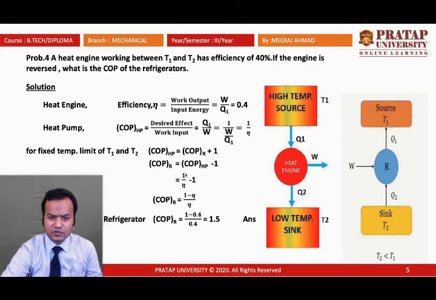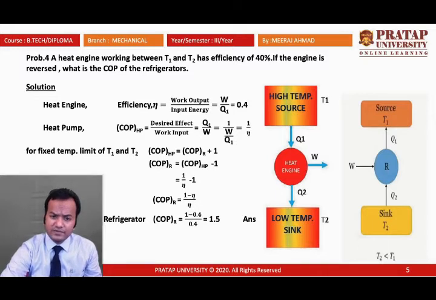Here you get 1 by the efficiency of the heat engine minus 1. So the COP of the refrigerator is equal to (1 minus efficiency) by efficiency. You got the COP of the refrigerator in terms of efficiency, and put the value of efficiency 0.4 to find the COP of the refrigerator.